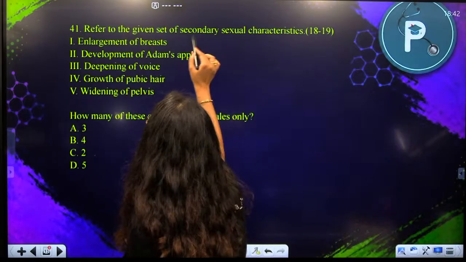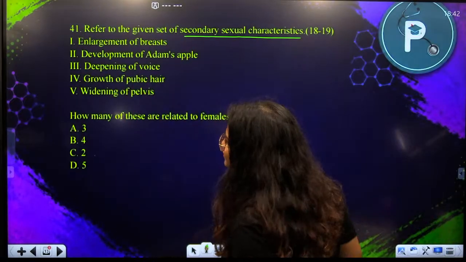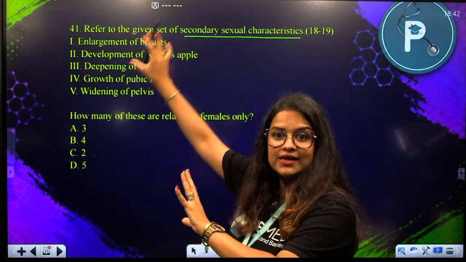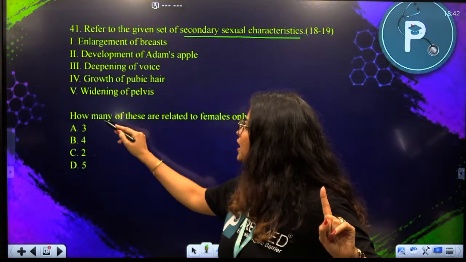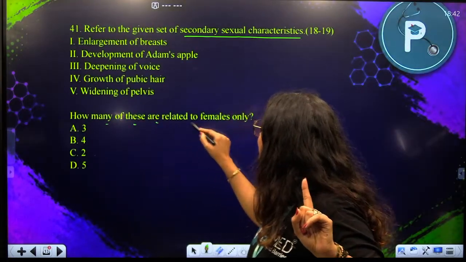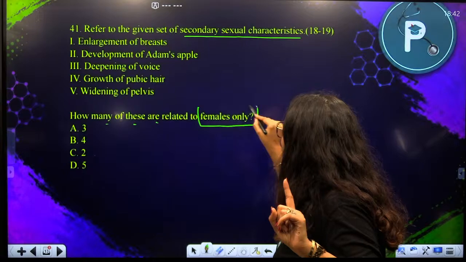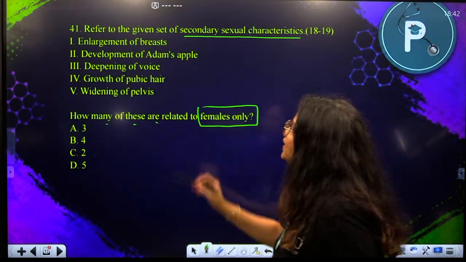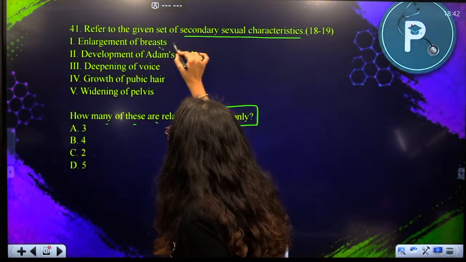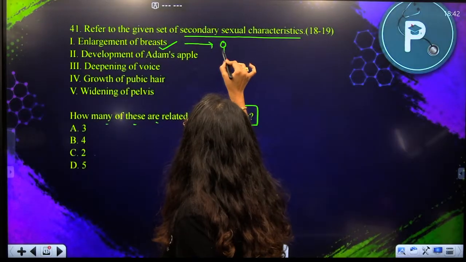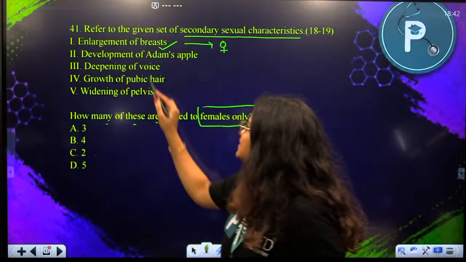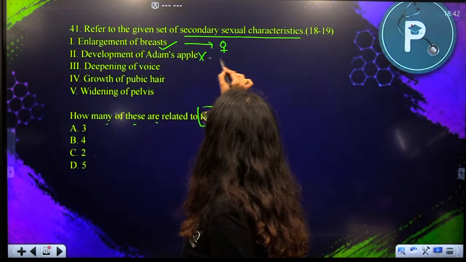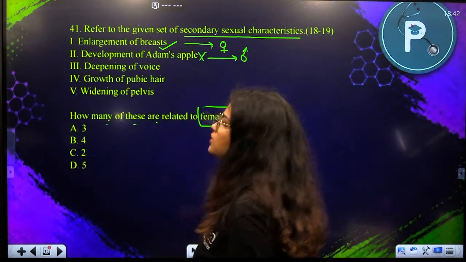Refer to the given set of secondary sexual characteristics. So you have to see that these are all the secondary sexual characteristics given, and you have to find out how many of these are related to females only. Let's see. Enlargement of breast, yes, it is female only. All right, this is the symbol that we use for female. All right, development of Adam's apple, no, that is in case of males only.